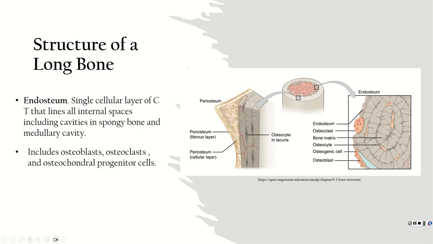As we zoom in here, this is where we'll find those osteoblasts, osteoclasts, and stem cells. During my doctoral work, I worked with a coworker who took stem cells out of mouse long bones, and we were looking for these endosteum cells because that's where they reside, that single layer just inside the medullary cavity.